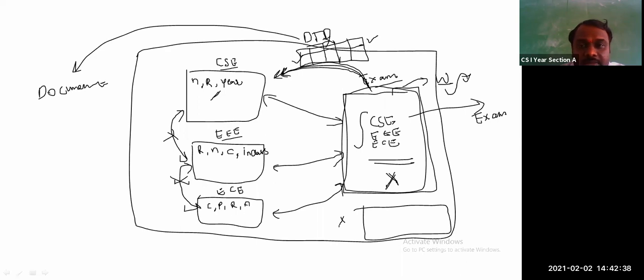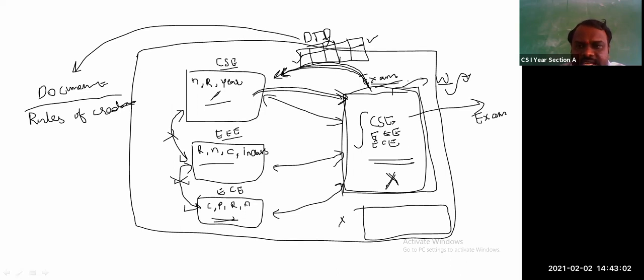This document type definition contains rules for creating an XML document. So they will give the rules, and based on those rules, they will prepare the XML sheet. Then they send it.